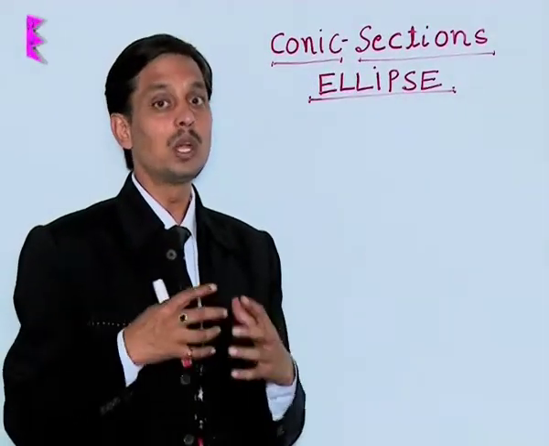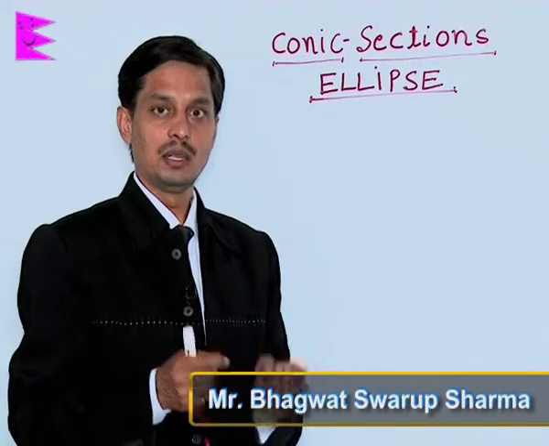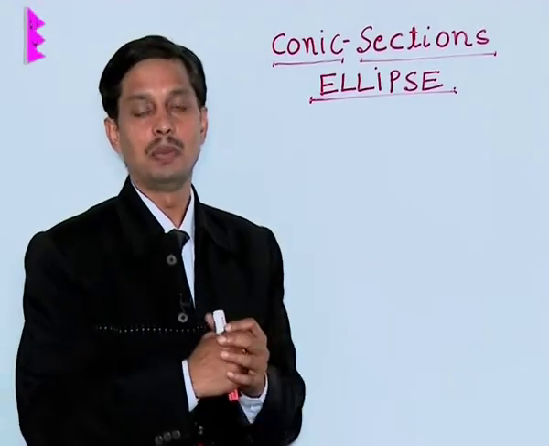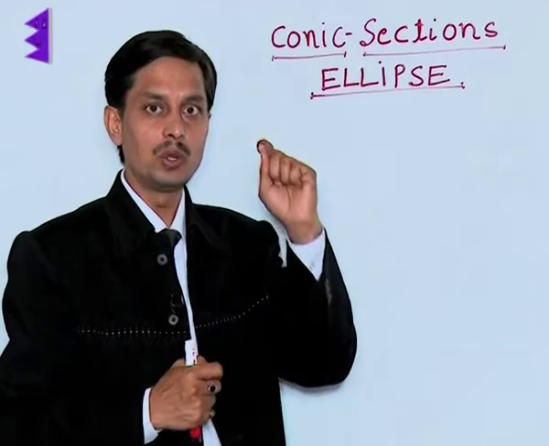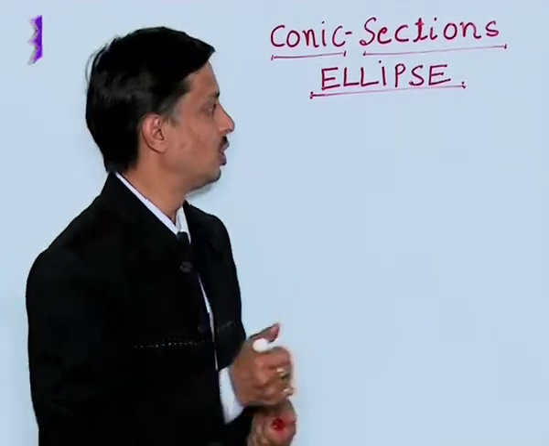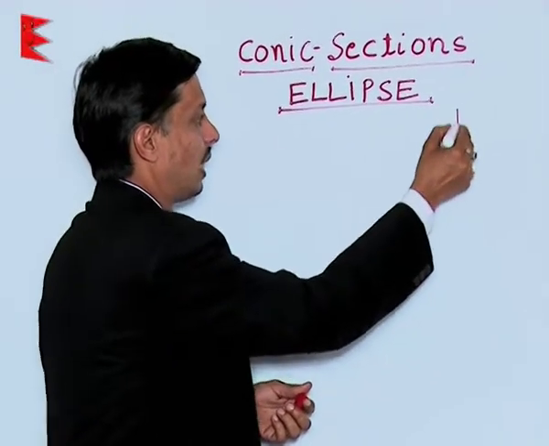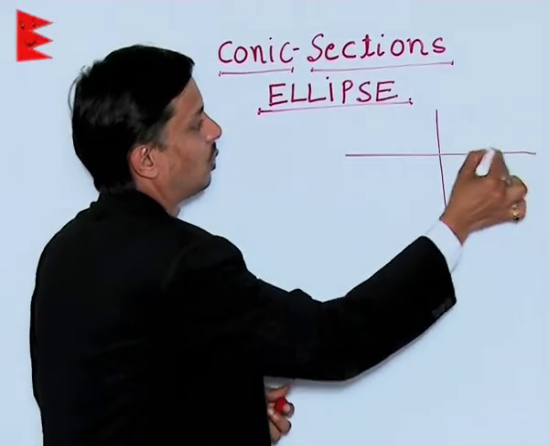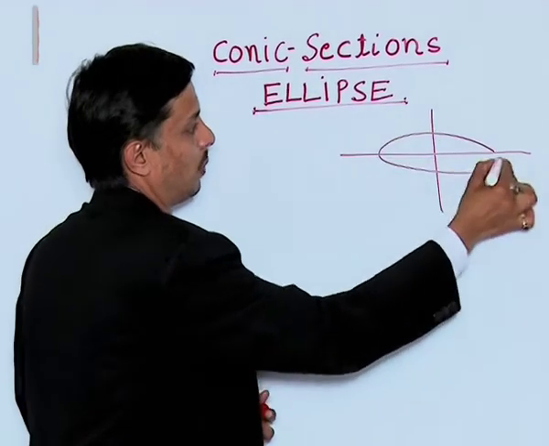Now first I want to explain what the 12 basic pieces of information are that are required to solve the problems of the ellipse. Before I tell you, I would like to show you the first type of ellipse.